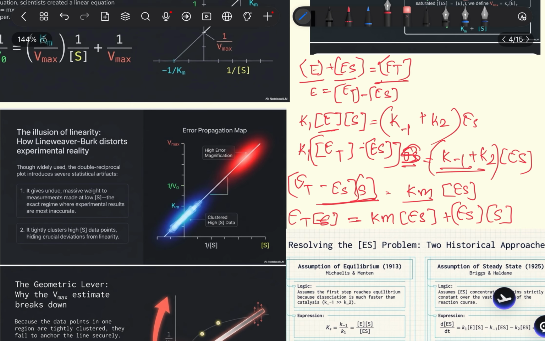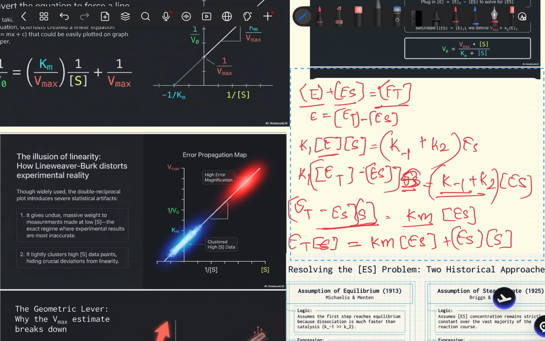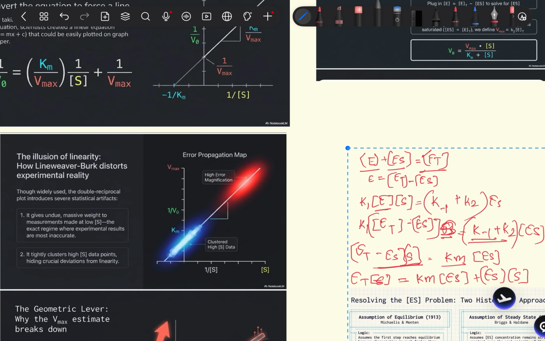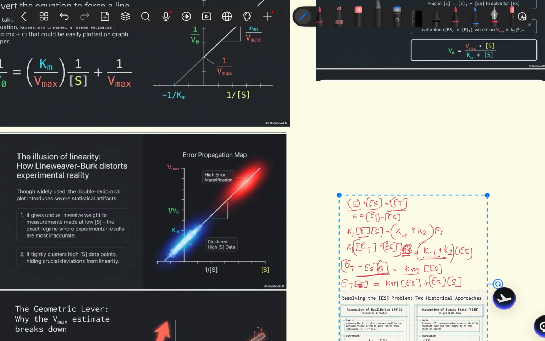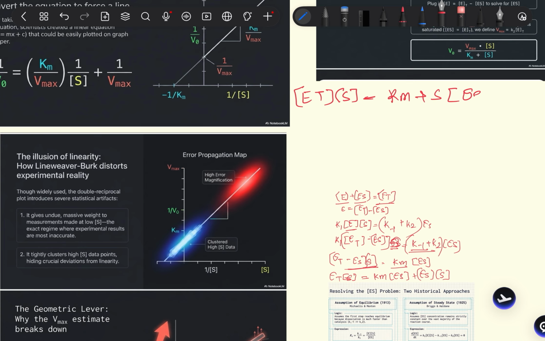Now, just a second. Okay, whatever. Now, what you will get, ET S equals Km plus S by ES.